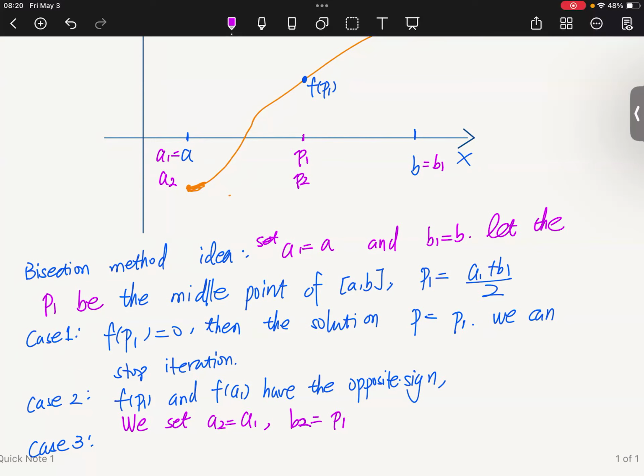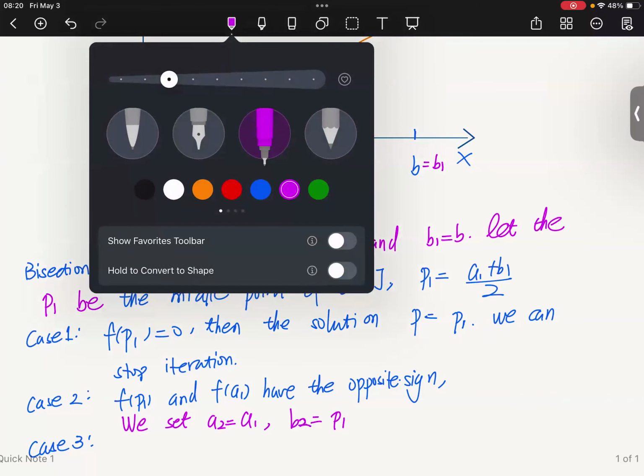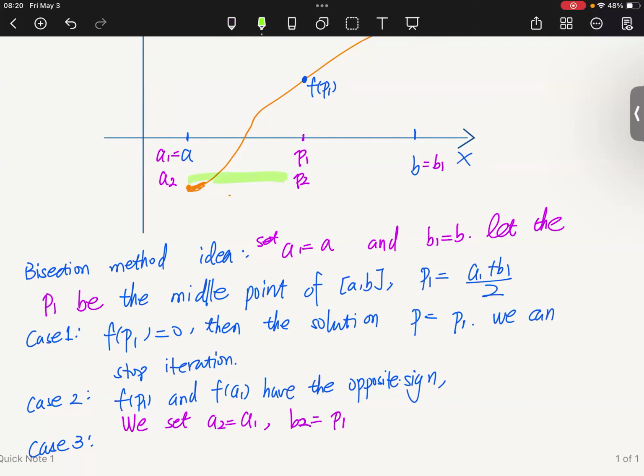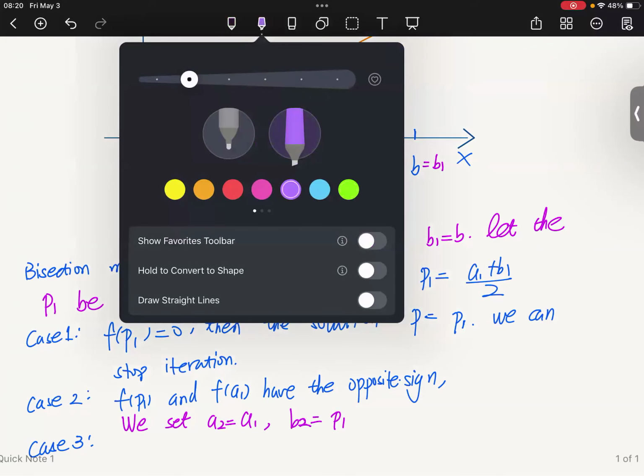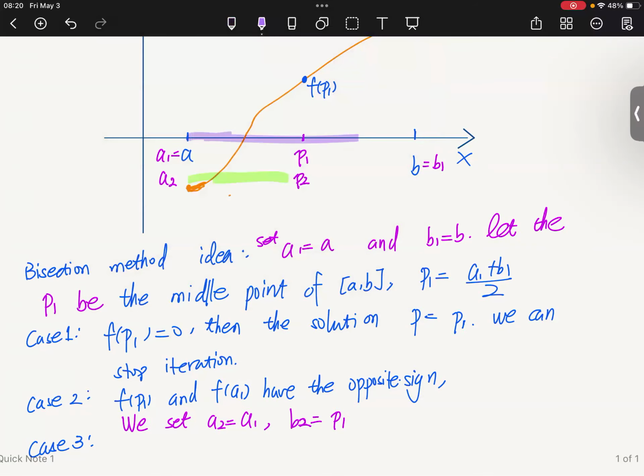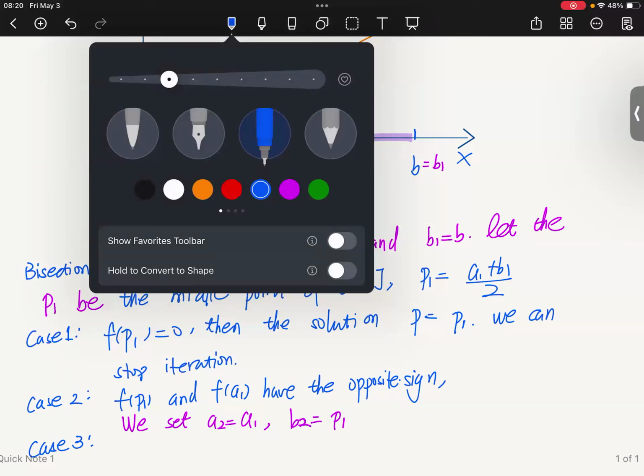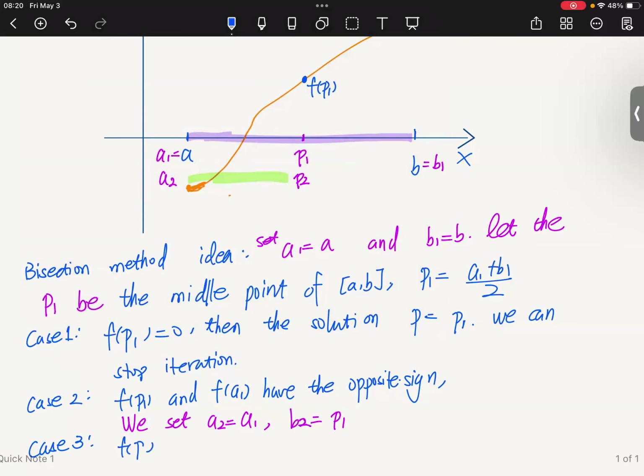And we get a smaller interval to find our solution. At the very first, we were working on this one, but now we use the middle point to decide a smaller interval to find the solution. So there's another case, that the FP1 and the FB1 have the opposite sign.